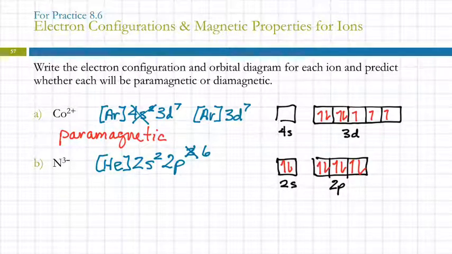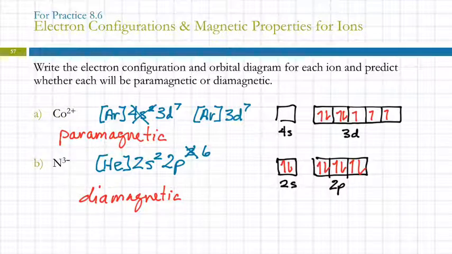Diamagnetic or paramagnetic? Diamagnetic. Di means 2. All these electrons 2 by 2, like Noah's Ark. All paired up. Diamagnetic. N3-, not attracted to a magnetic field.